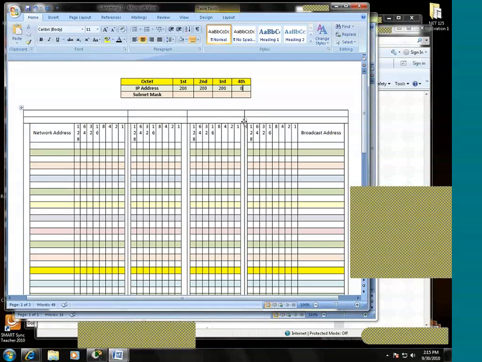Okay? All right, so the original demarcation would have been here. Y'all agree? Okay, since we need to borrow 3 additional bits, we need to start by selecting the 128-bit, the 64-bit, and the 32-bit. I'll go ahead and highlight the 32-bit.